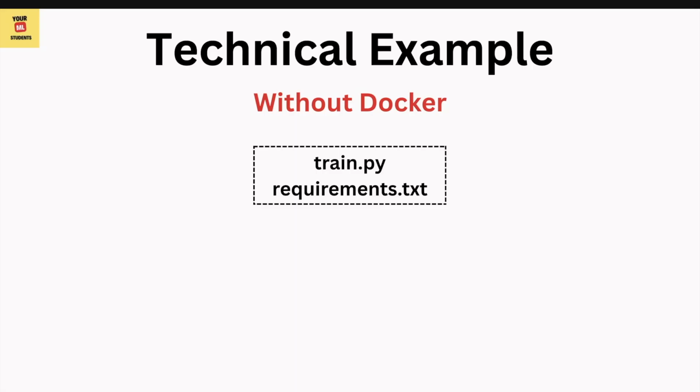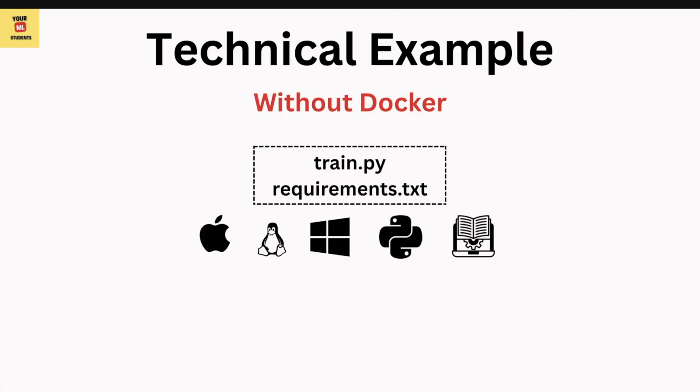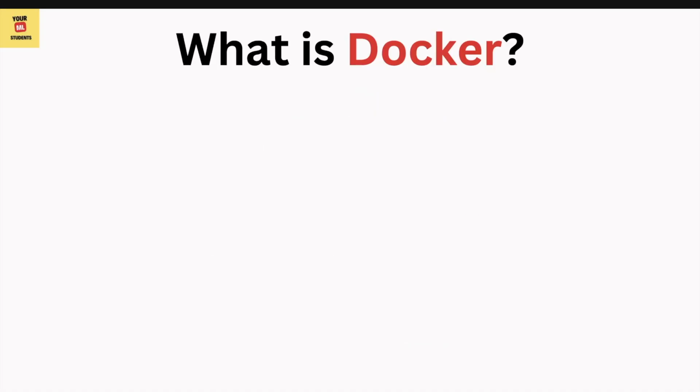We have to execute our train.py code, so we execute it on Mac, maybe on Linux, or might be on Windows system, right? But these things are dependent on the Python versions as well as your CUDA versions, right? Because each OS or each version is different, version conflict happens, reproducibility issues come up, as well as deployment failures happen. Okay, so that is why we needed Docker.